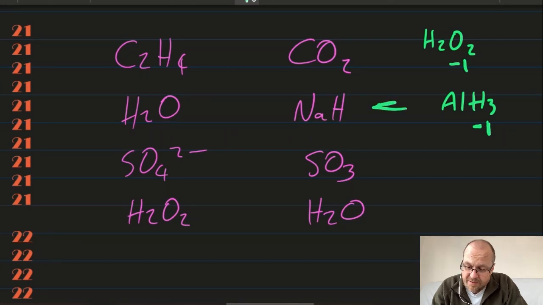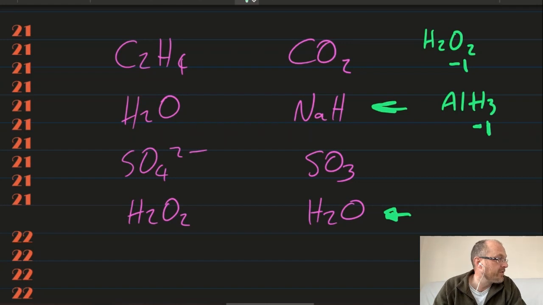So I'm looking at this here. Oh, and that one down there. So both of those tricks are there. Same oxidation number in both species. Okay, I'm just going to go through them.